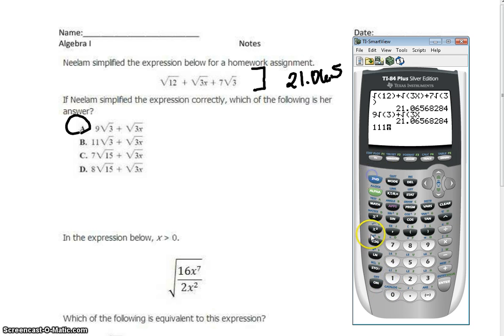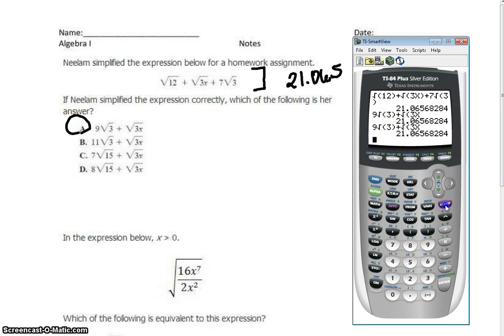Choice B, 11 square root of x. Okay, I got to go back over here and get rid of one of my, close my parentheses, plus square root of 3x, enter, gives me the same thing.